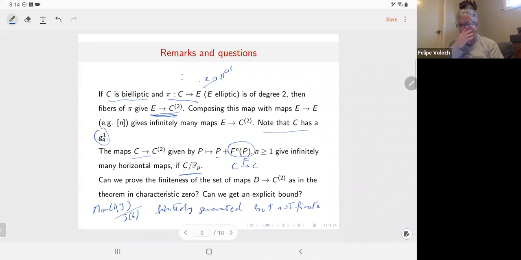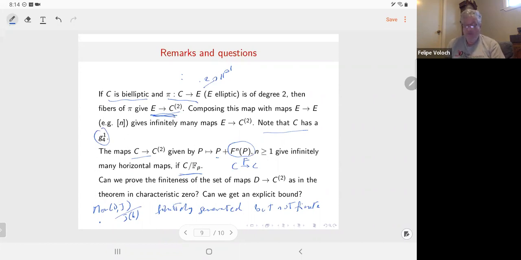So in characteristic 0, you can still recover, because most of my proof is geometric, a map from D to C^2 from its image in this group. The argument with the secants works just fine. But this group is not finite, so you're not recovering the map from a finite amount of information. You have infinitely many choices. So the proof doesn't give you finiteness.